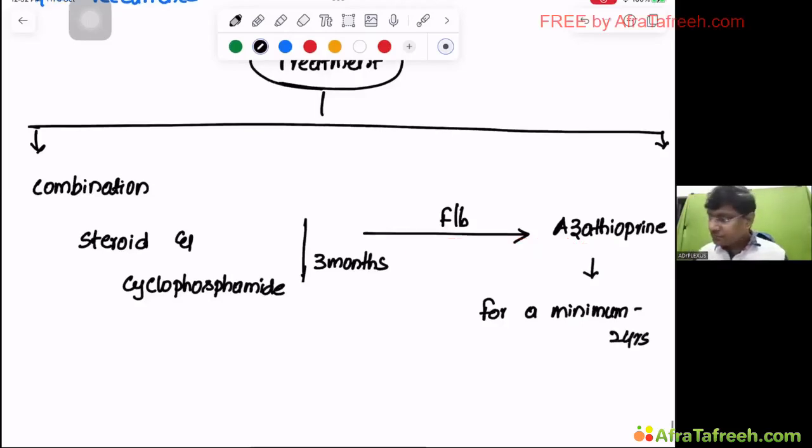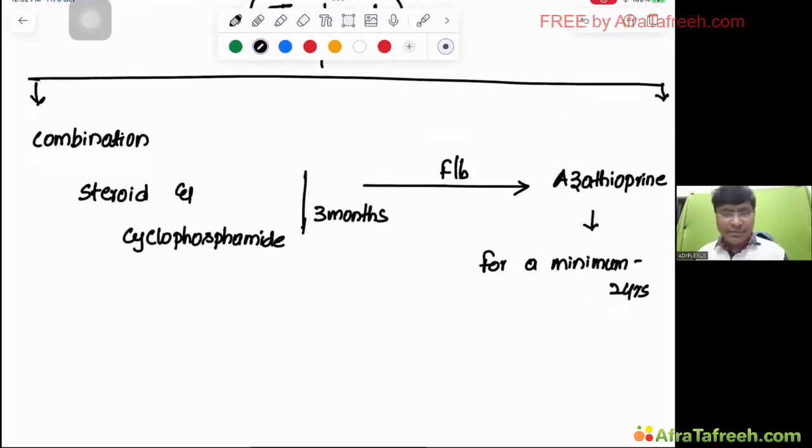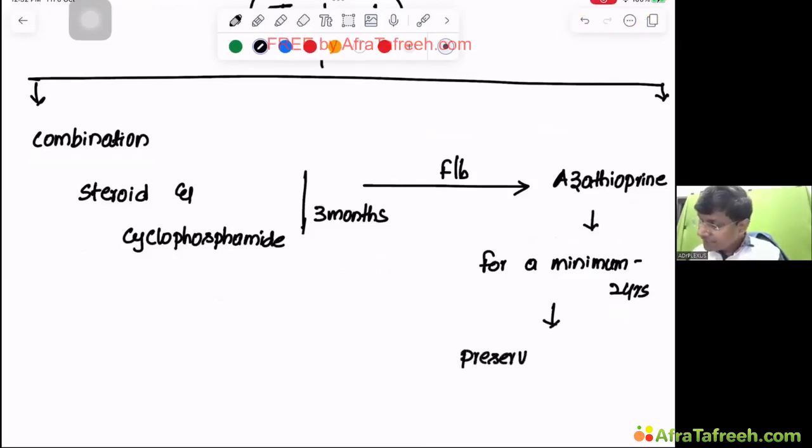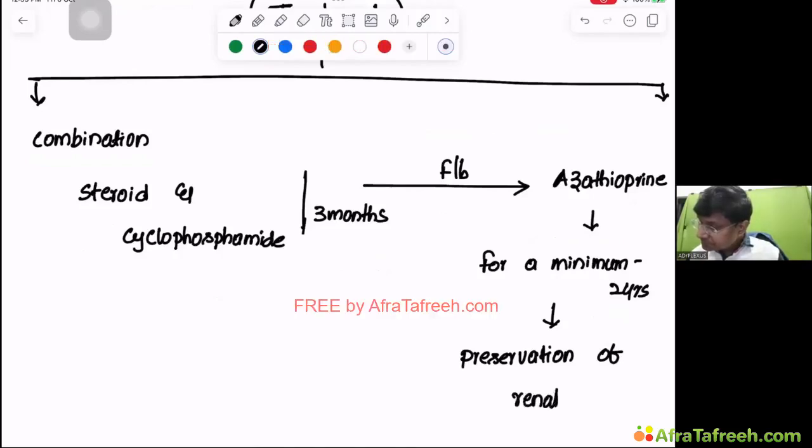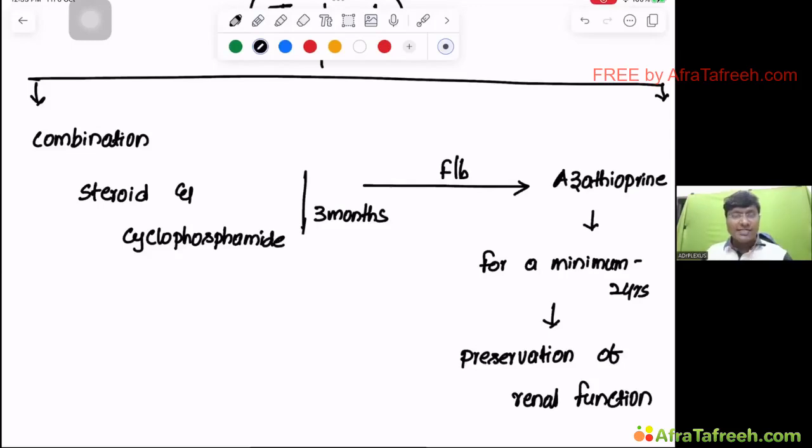And when you give azathioprine for a minimum of 2 years, that will cause preservation of renal function. So that is about the treatment of IgA nephropathy.